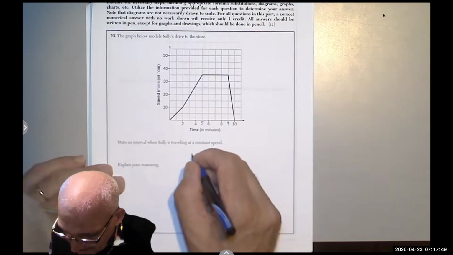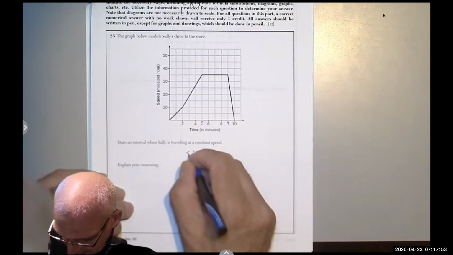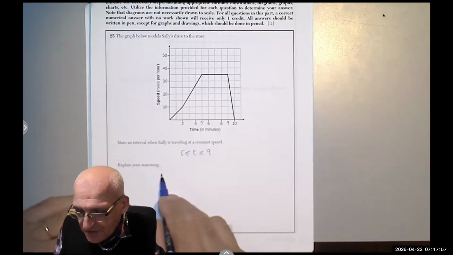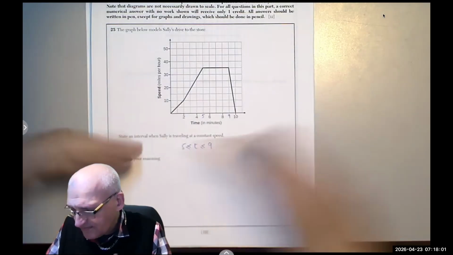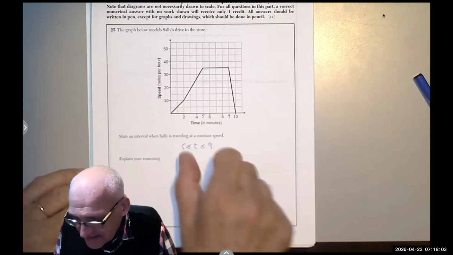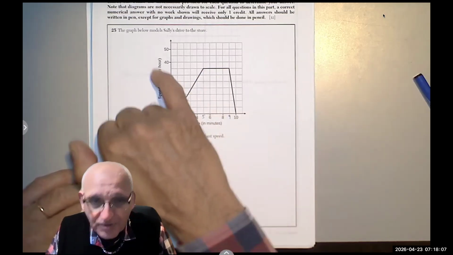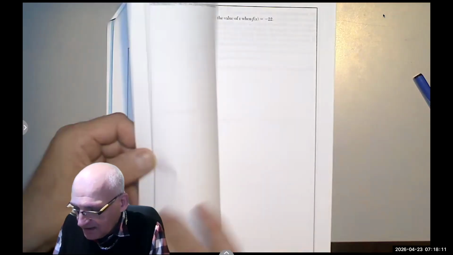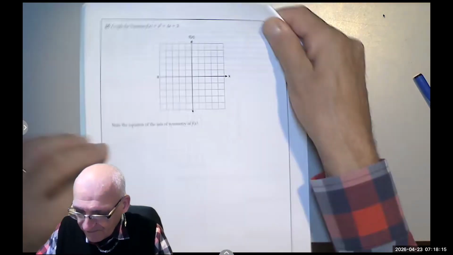So we say time is greater than or equal to 5, less than or equal to 9, and explain your reasoning. We are not going to write everything, but you can say within this interval, the speed was constant at 35 miles per hour. Okay, so that's a very simple and easy question. Let's move to the second one.